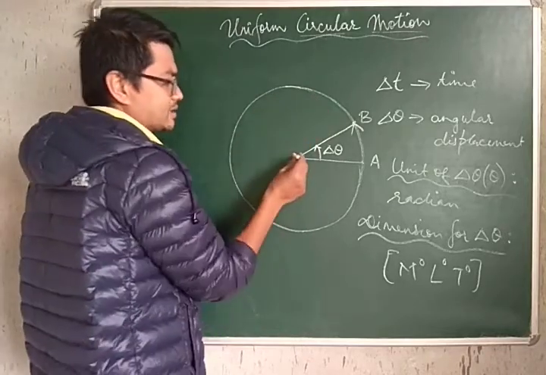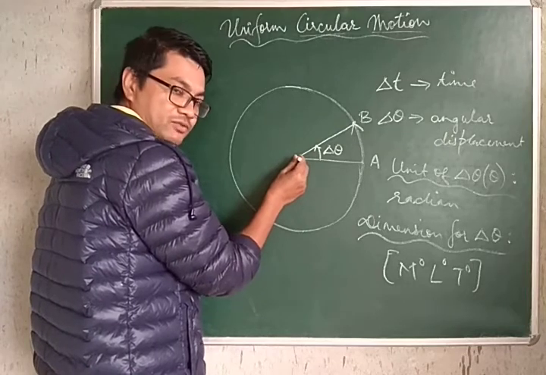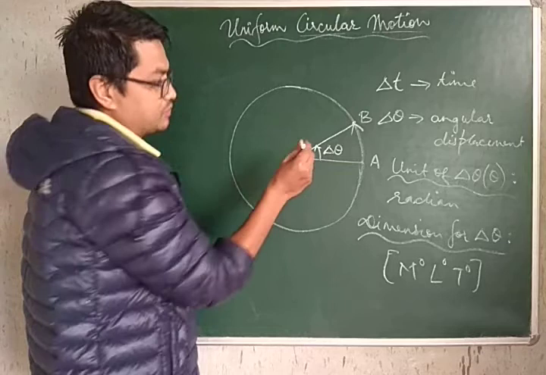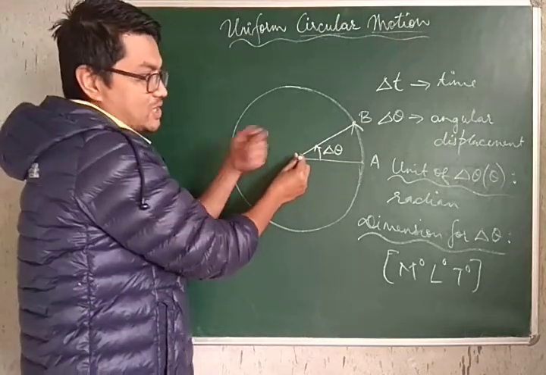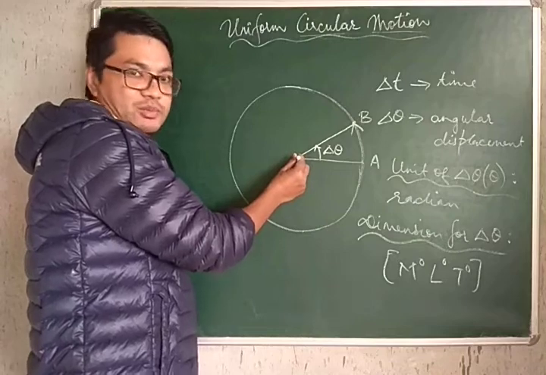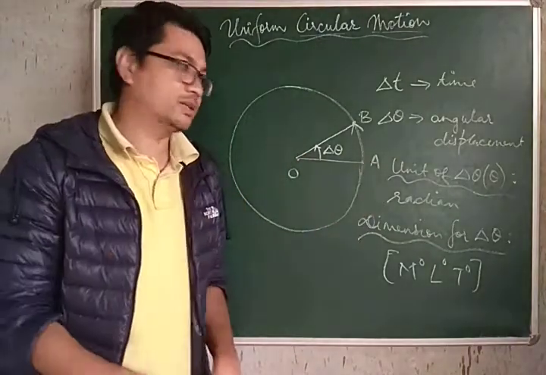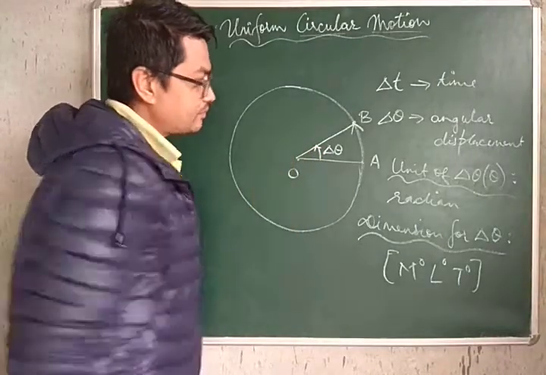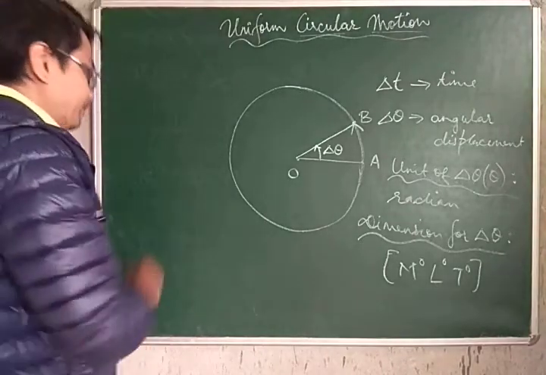So in this case, the direction of the angular displacement is perpendicular to the plane of the board, or more precisely, coming out of the plane of the board perpendicularly. So this is the direction of your angular displacement, remember. And don't forget, angular displacement therefore is a vector quantity. It has a certain magnitude and it has a direction. So this is about our angular displacement.